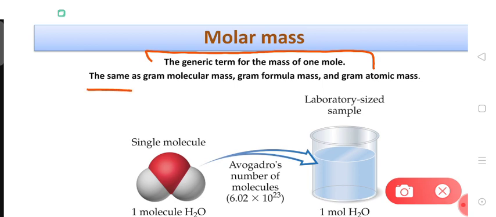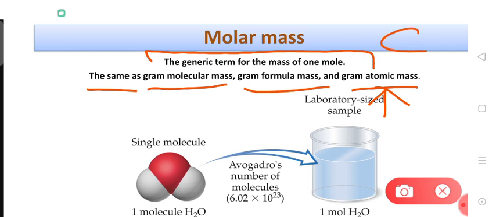And this is always equal to gram molecular mass or gram formula mass or gram atomic mass of that particular substance. If the substance exists in the form of atoms, then the molar mass will be equal to gram atomic mass. For example, if we talk about carbon, then the molar mass of carbon, or mass of 1 mole of carbon, will be equal to its gram atomic mass.